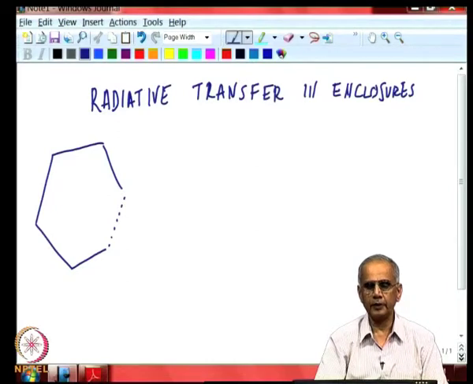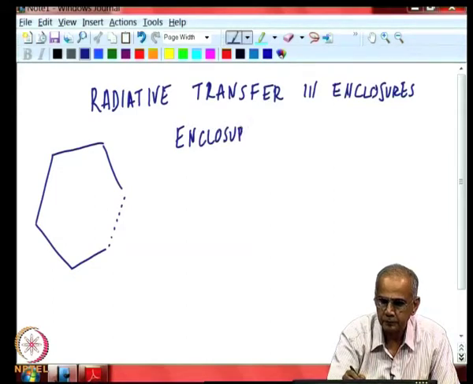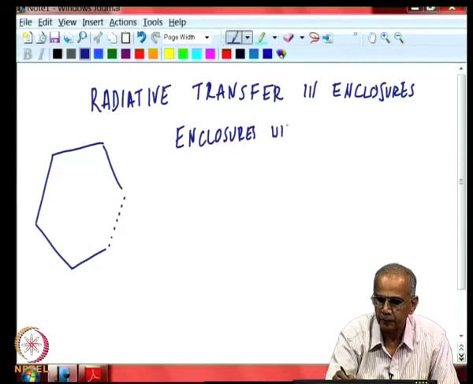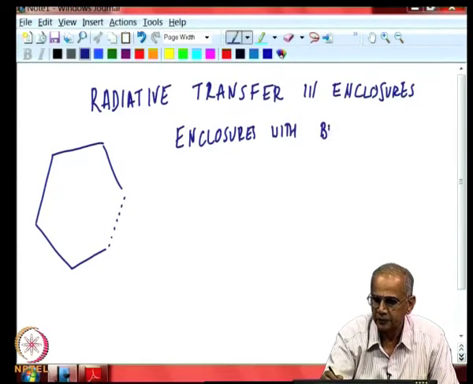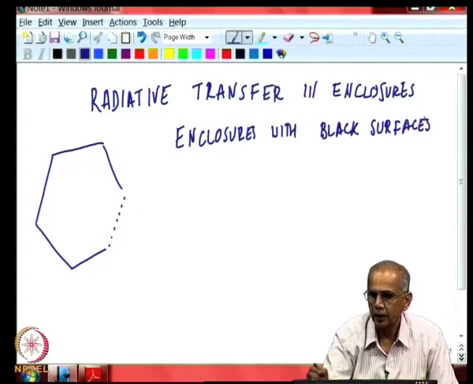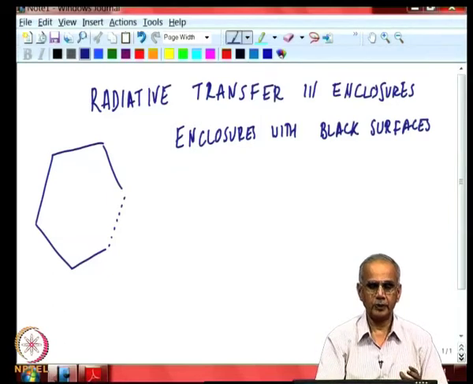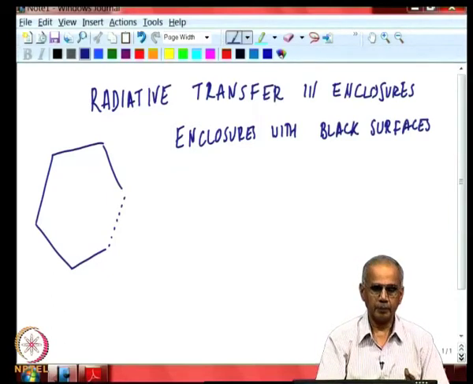Now, the first example we will take up is an enclosure consisting of only black surfaces, where there is no reflection involved. This is the simplest case and it makes analysis extremely easy. So, first we look at this case and develop our methodology, then we go on to more complex cases.